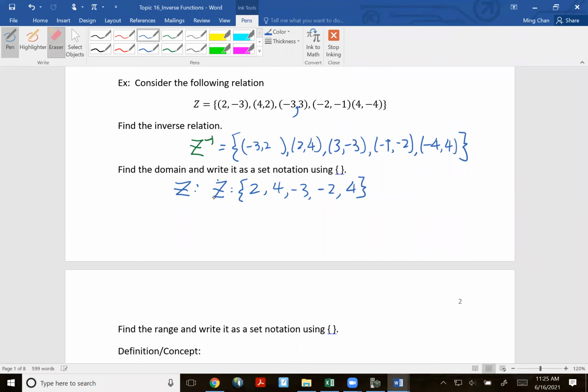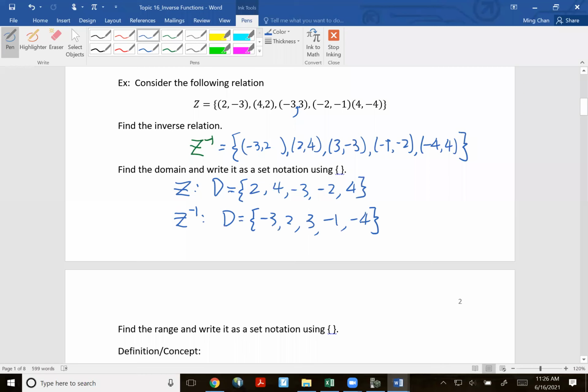Oops, not the z, here's a d. All right, for the inverse, the domain is now -3, 2, 3, -1, -4. No repeating x, right? So that inverse is also a function.